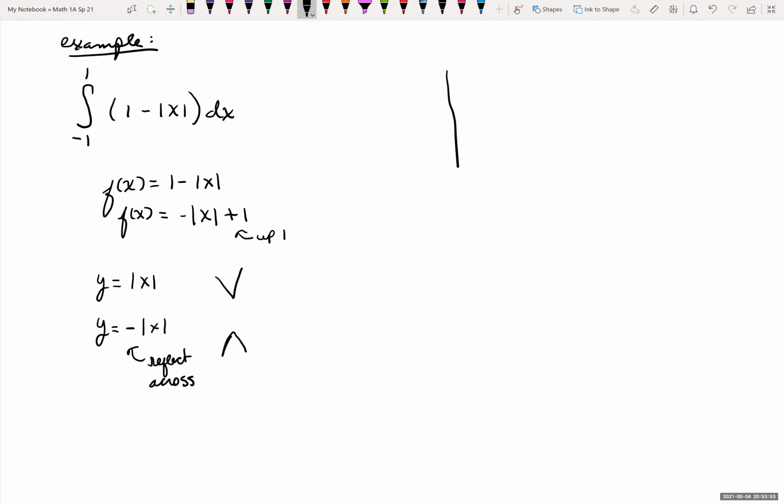So if I graph this, you notice I have a V shape. I shift it up 1. And notice that this is actually crossing the x-axis, right? At -1 and 1.